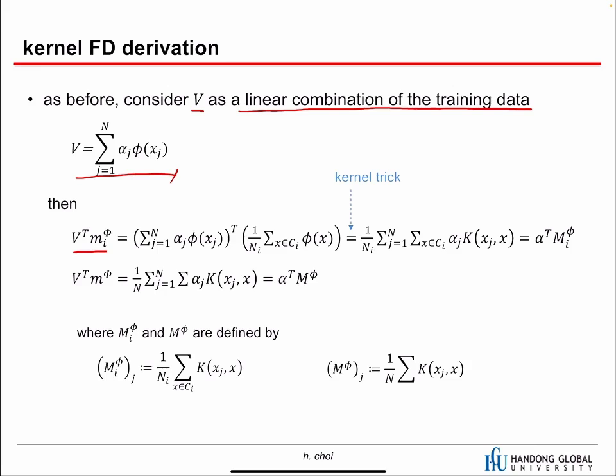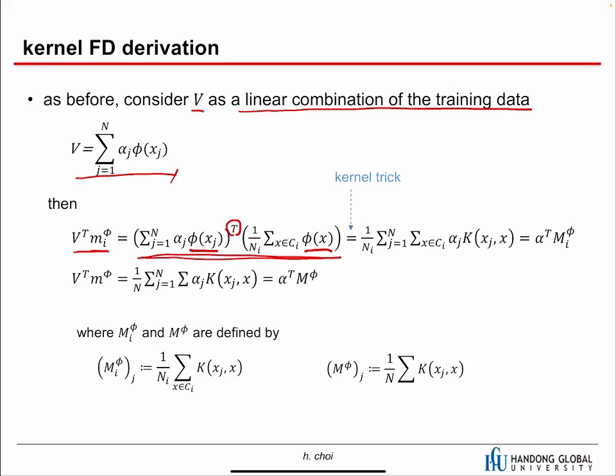V transpose times m sub i phi, if we rewrite it, gives some terms here. If you look at these two equations, we have phi and we have a transpose. So we have an inner product between phi of x sub j and phi of x.